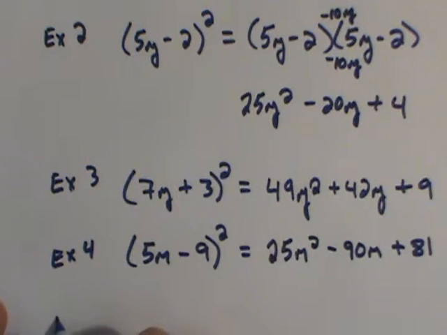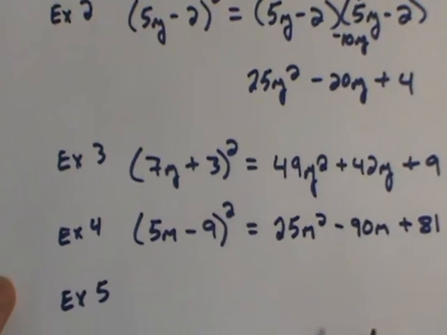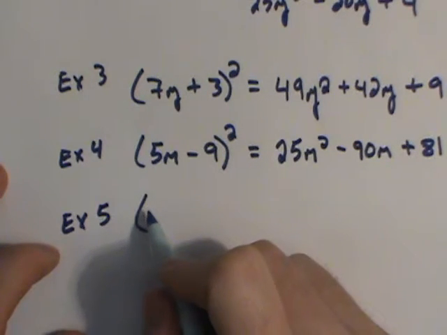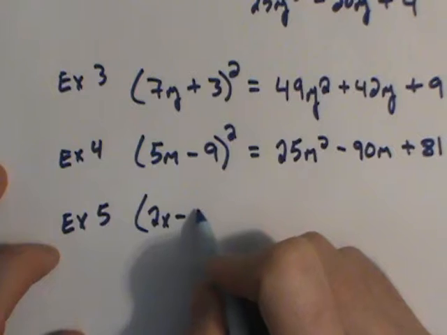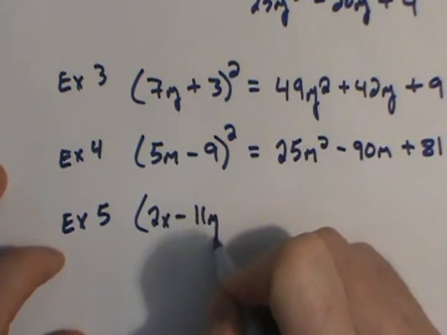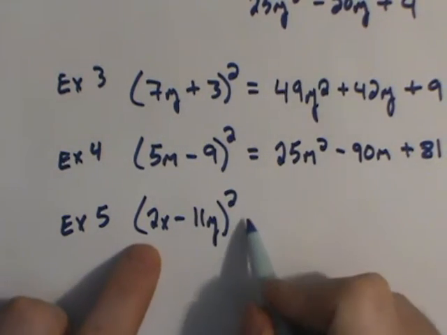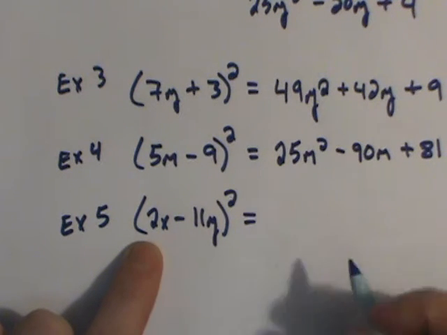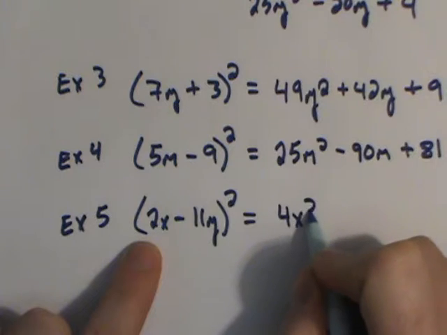We'll do another example. Example 5. We'll put variables on both sides this time. So we'll say something like 2x minus 11y quantity squared. So I square the first term. 2x times 2x would be 4x squared.